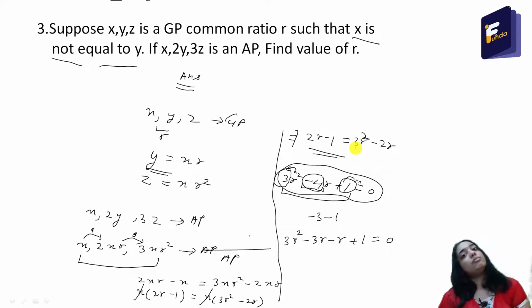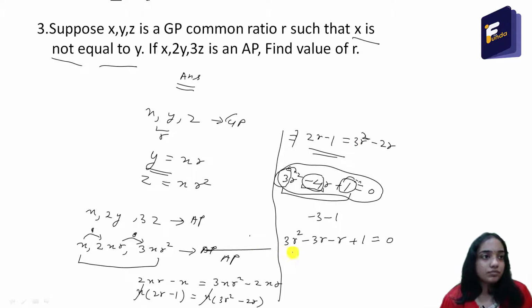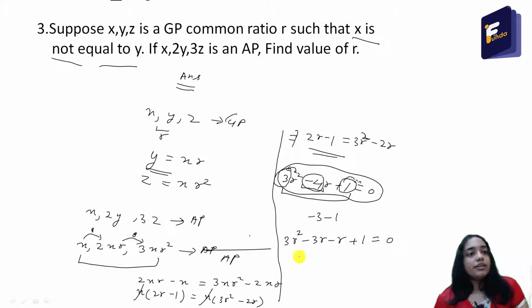I will also tell you a formula to find the answer, and that will make it even easier. So don't be confused. Now we have written this whole equation like this, and now we will take r common from this term. So we'll take 3r common.